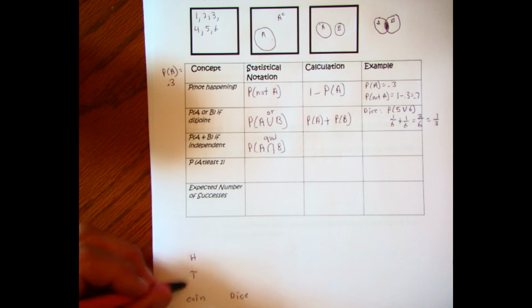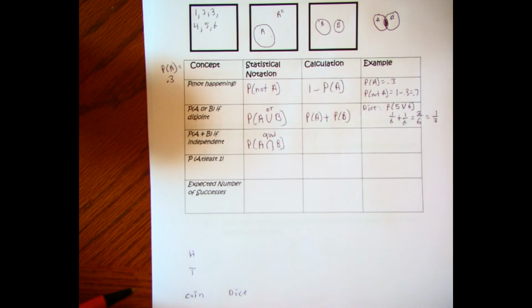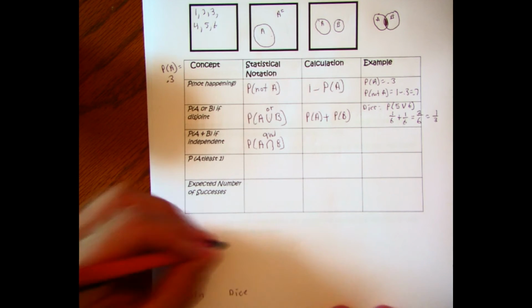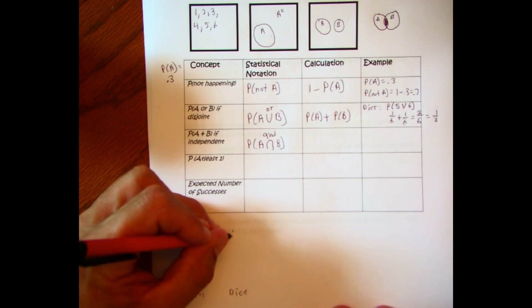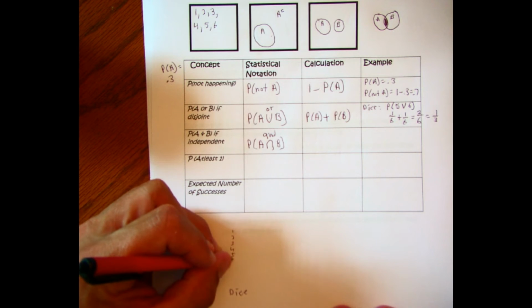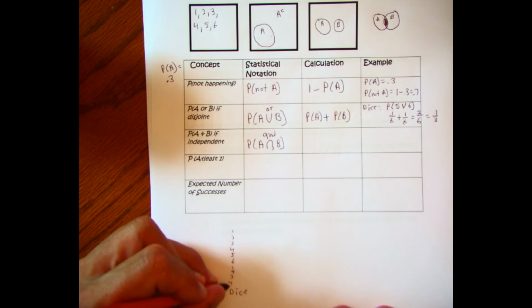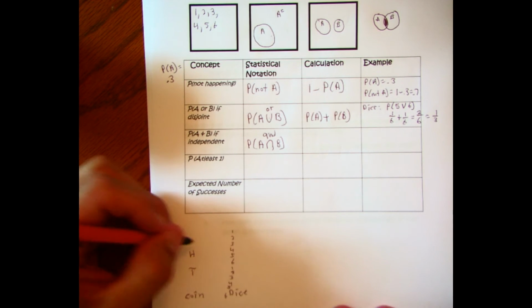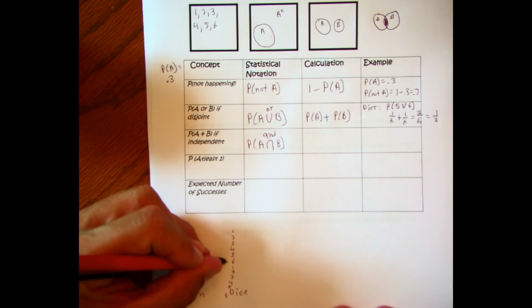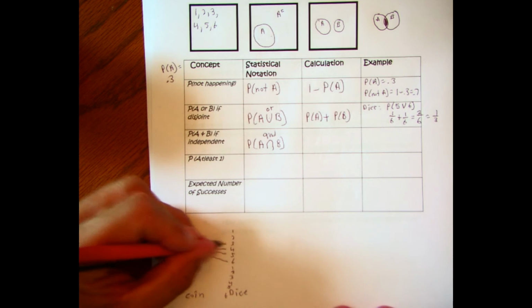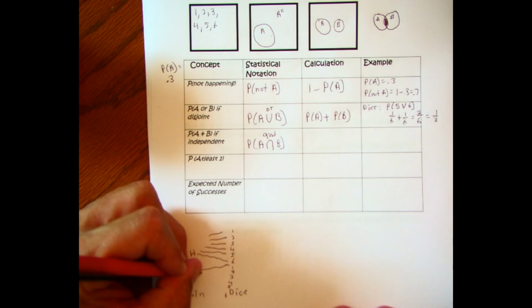But when we flip the coin first, did that influence the dice? Well, no, the dice doesn't care what the coin did. So if I got a heads, I could get a 1, 2, 3, 4, 5, or a 6. And if I get a tails, I could get a 1, 2, 3, 4, 5, or 6.